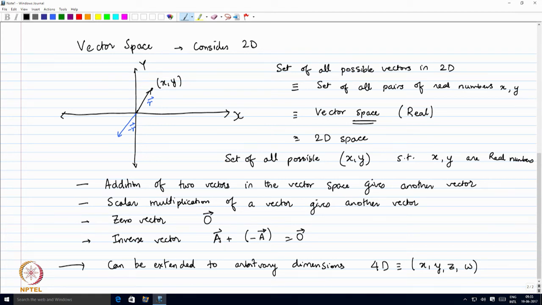Now, we will come to a formal definition of what we mean by the dimensionality in a few minutes. But before that, we will introduce the idea of linear independence. So, the next idea is the idea of linear independence of vectors.